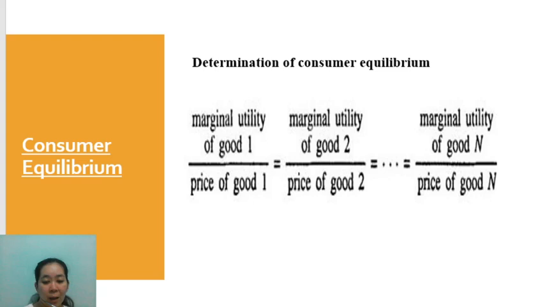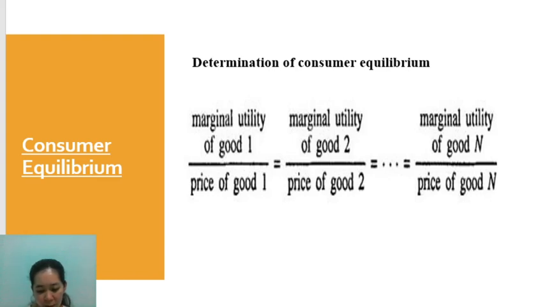That's why you can see there an equal sign. Because the consumer will purchase quantities of each good, he is expecting that these two products will give him the same or equal utility.